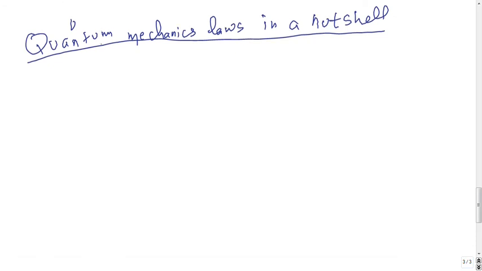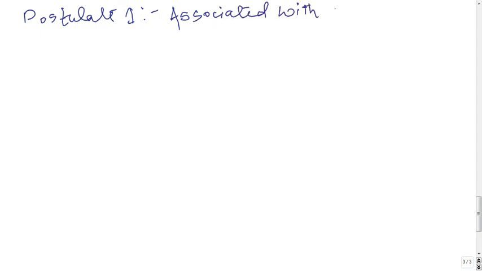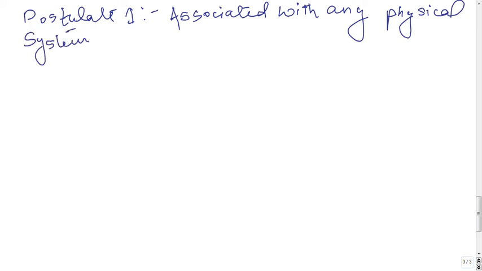So let us discuss the first postulate, postulate 1. Associated with any physical system is a Hilbert space.